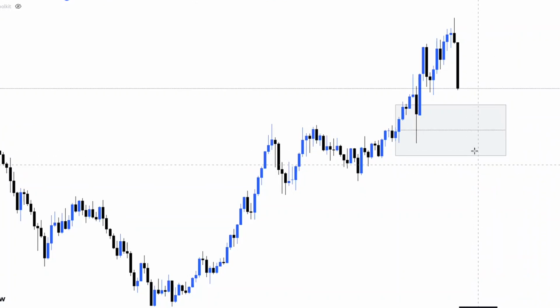If I see that this opposite fair value gap that has been created is being respected, it is a sign that the price is shifting momentum to the opposite direction. So these areas from the 50% level to the 79% level are a very important range in the Fibonacci sequence. So that is why I normally use those areas.